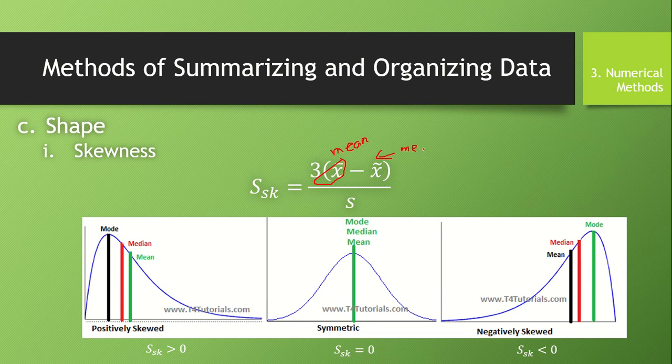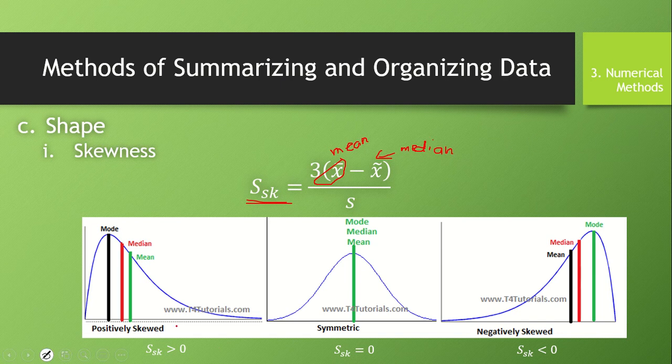So whether you have group or ungrouped data, you just need to use the mean and median for the group data, or the mean and median for the ungrouped data, to get the skewness of our data.